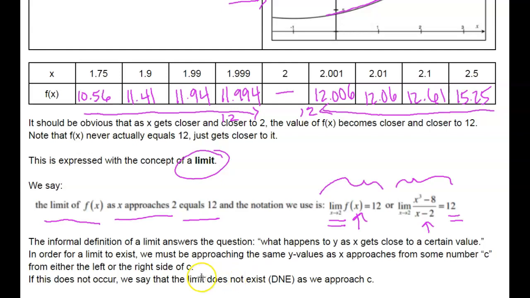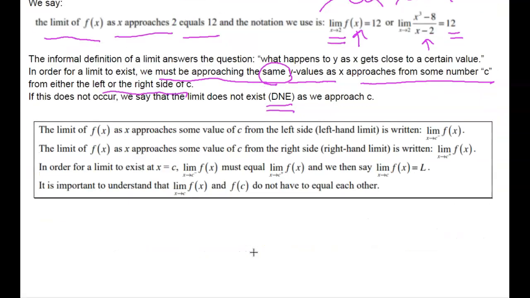In order for a limit to exist, you must be approaching the same y value as x approaches some target, I call it c, from either the left or the right side, from smaller or larger, okay? If that doesn't occur, then you would say that the limit does not exist, and we just abbreviate that with DNE.